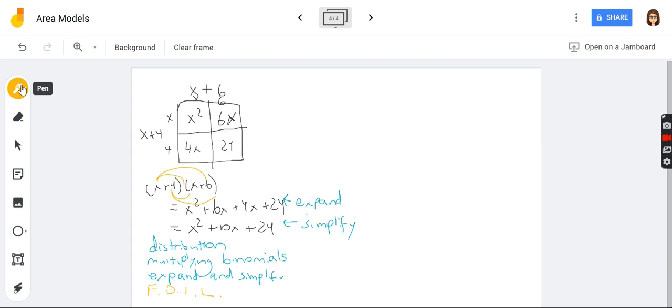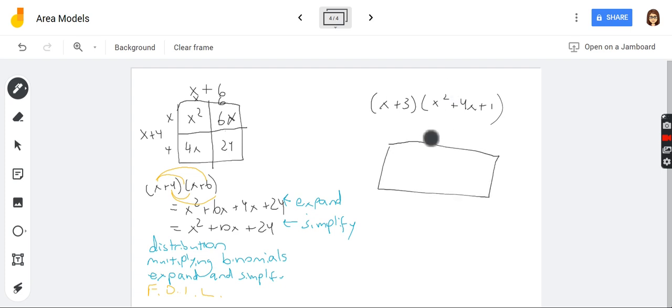And the reason I'm going to do that is because sometimes we're not going to have a binomial times a binomial. We might have something like this, a binomial times a trinomial, in which case FOIL is not going to work. But if you think about the rectangle, if I can split up these parts, x squared and the 4x and the 1 and the x and the 3. Sorry that it's kind of slanted.